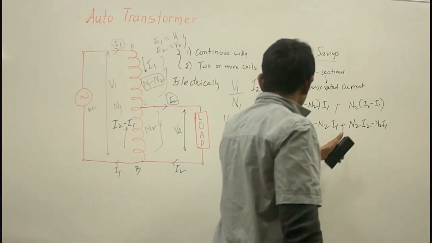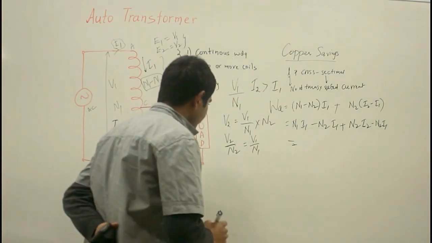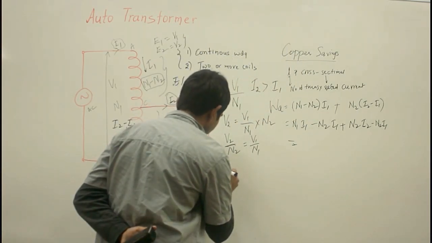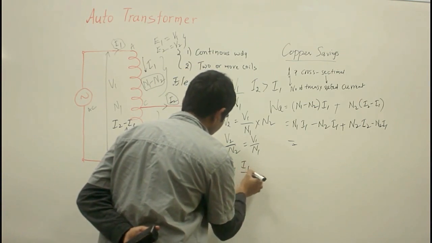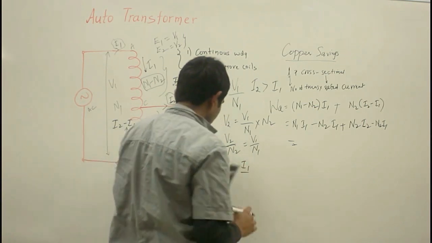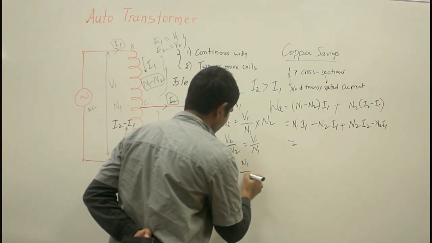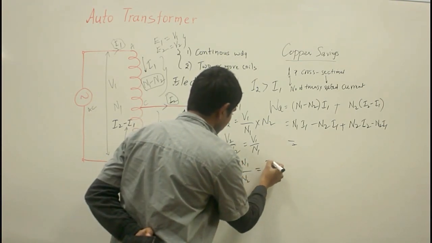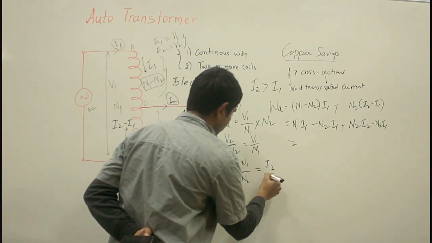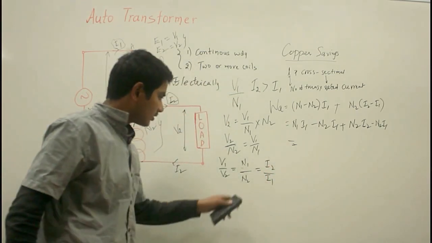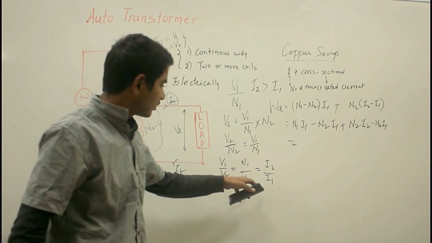But in a transformer, I know that V1 by V2 is equal to N1 by N2 is equal to I2 by I1. So this is the relation we have in a transformer.